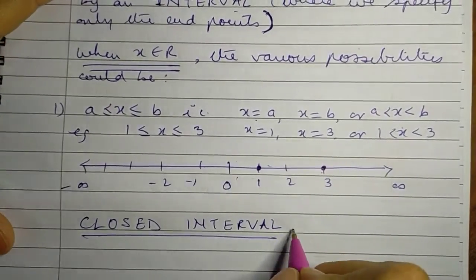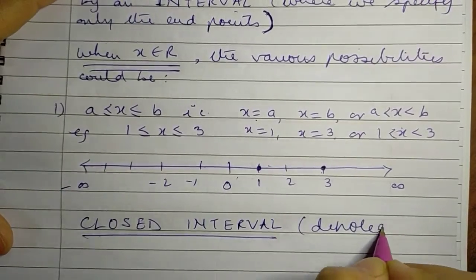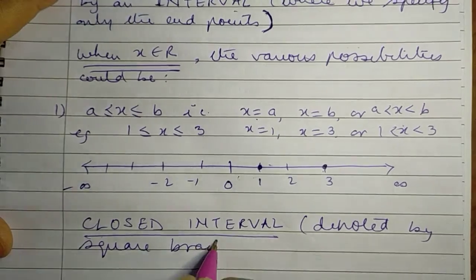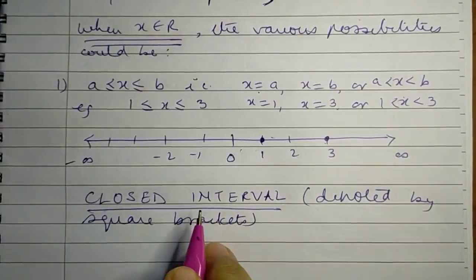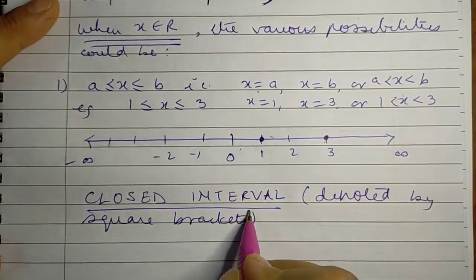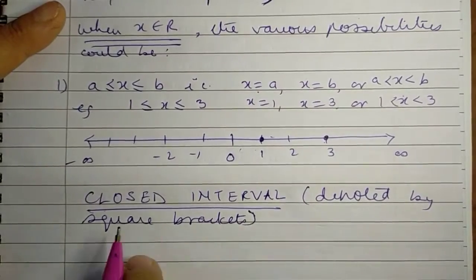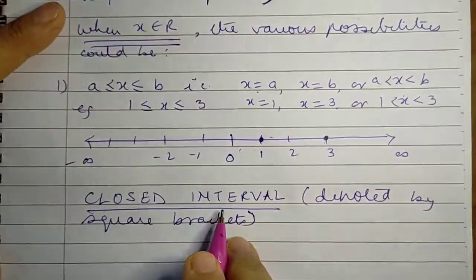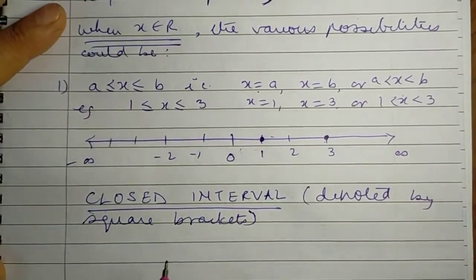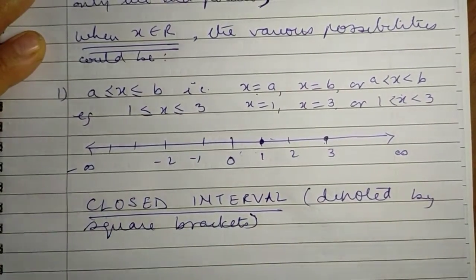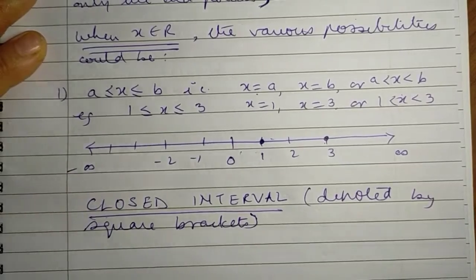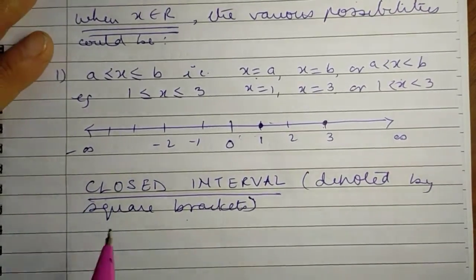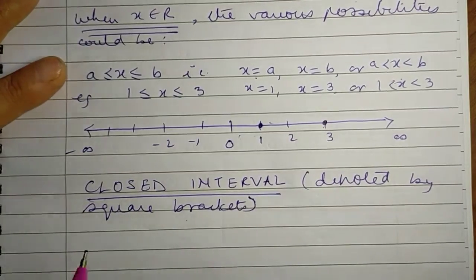And it is denoted by square brackets. As I had mentioned earlier in my previous video, different brackets have a different role to play while reporting answers. As we have seen, curly brackets are used to indicate the solution set, whereas if we are using square brackets, we mean a closed interval.